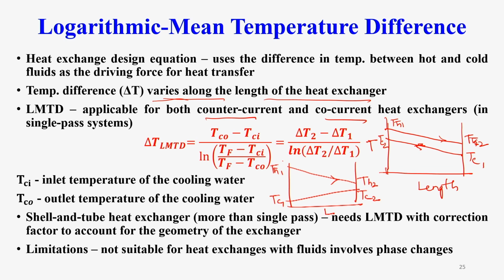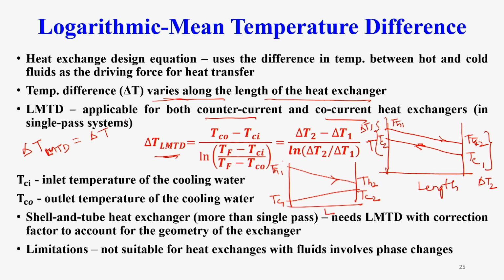So for that we need to take the log mean temperature difference, or delta T LMTD, and this is defined as follows. This difference will be called delta T2, and this difference is called delta T1.